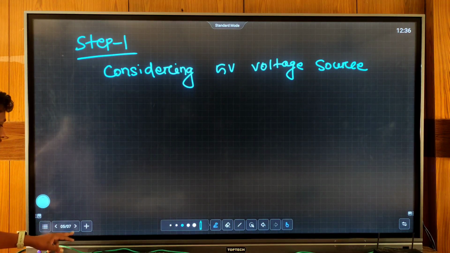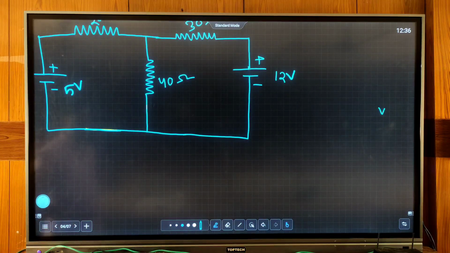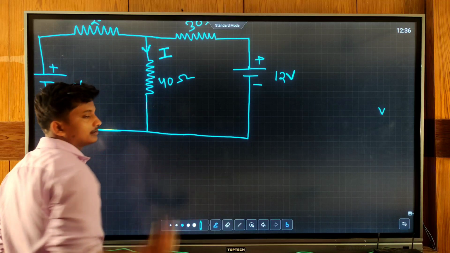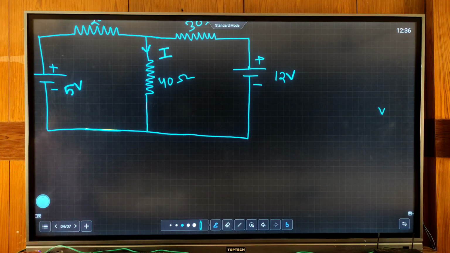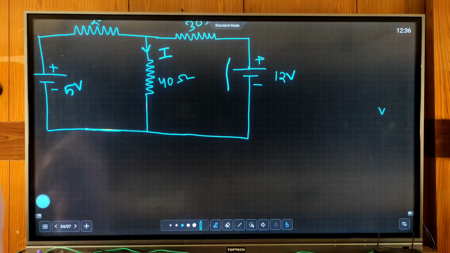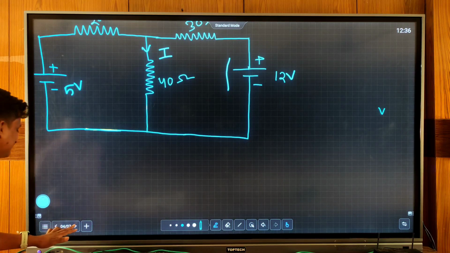We have to calculate the current of this 40 ohm resistance. So in step 1, we have to short circuit the 12 volt voltage source here. The 12 volt source will get short circuited. Yes or no? Yes, sir.